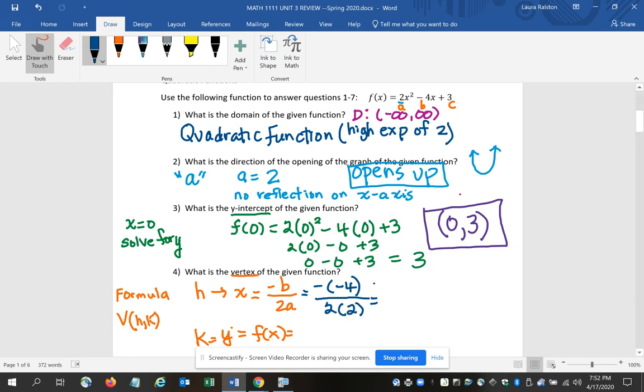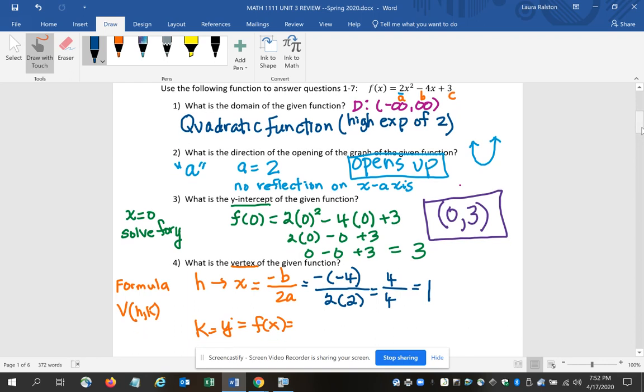The opposite of negative 4 would be positive 4. 2 times 2 is 4. 4 divided by 4 is 1. So the x coordinate or the h value of the vertex is 1.